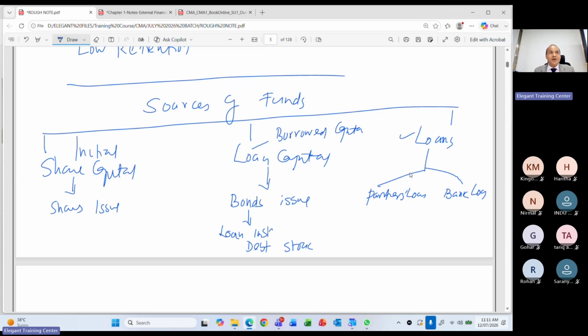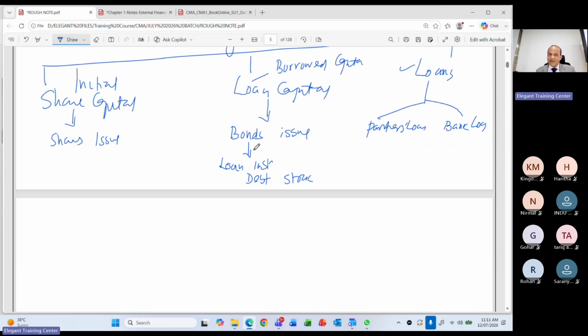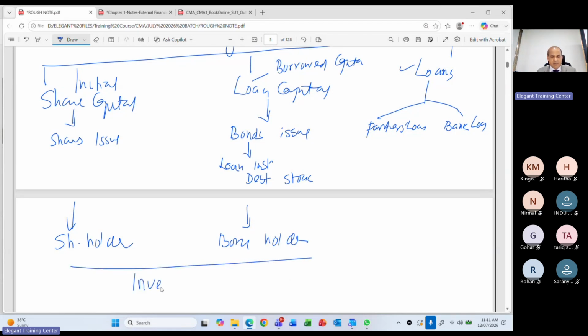Now, if you buy the shares of a company, you are called a shareholder. If you buy the bond, you are called a bondholder. In both cases, you are called an investor. So who is an investor? The one who is buying the shares or bonds.